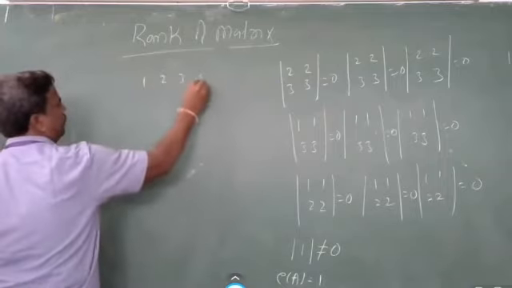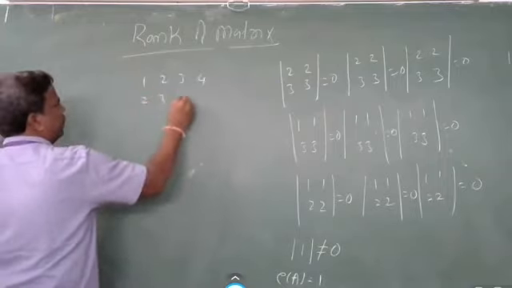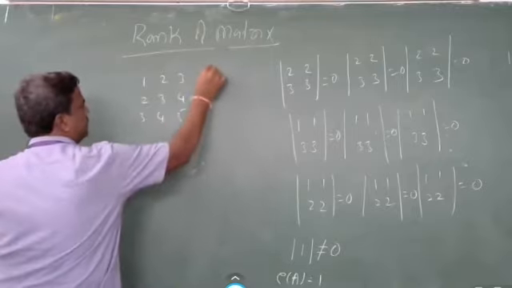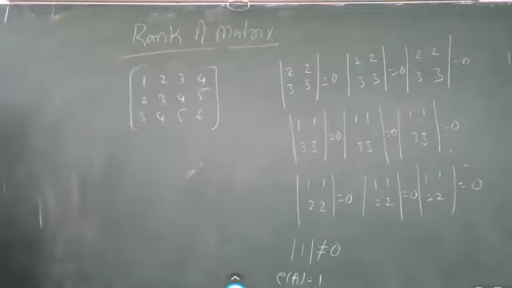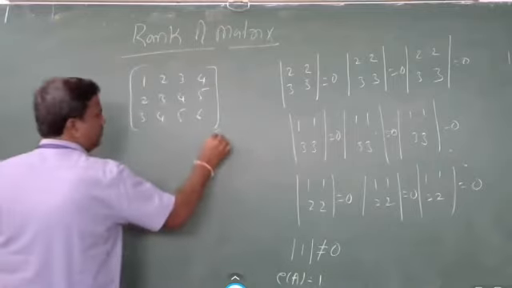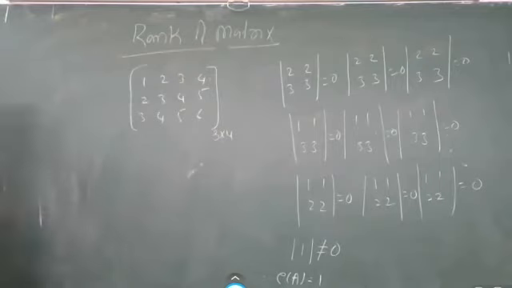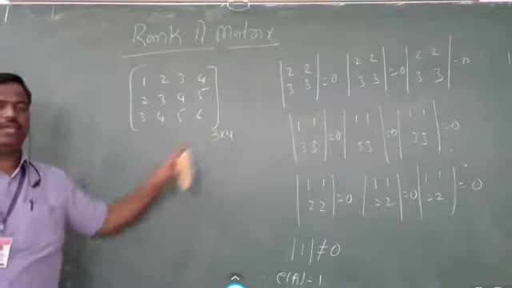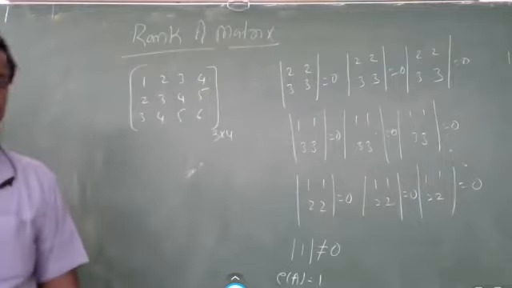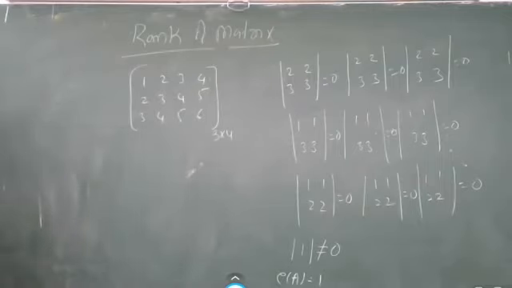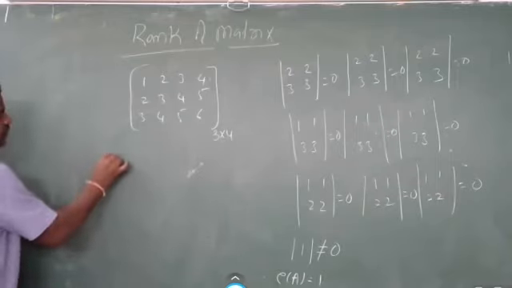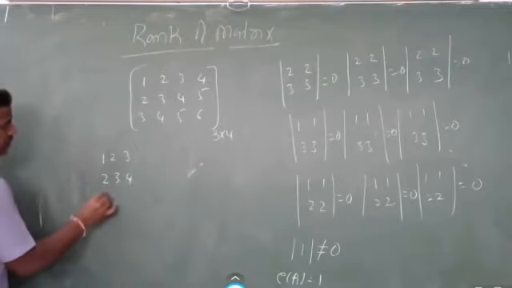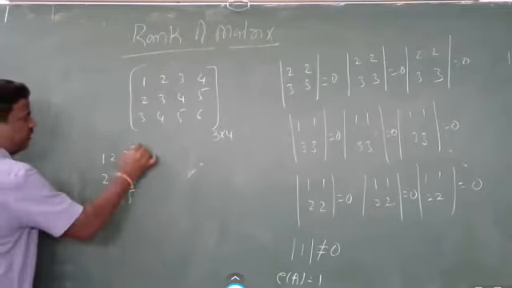If you are confused about these numbers: 1, 2, 3, 4, 2, 3, 4, 5, 3, 4, 5, 6. This is a 3 by 4 matrix, a rectangular matrix, so we cannot directly find the determinant. You can take the highest possible square submatrix. The first one is 1, 2, 3, 2, 3, 4, 3, 4, 5, the first 3 columns.